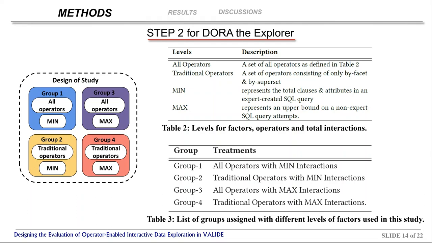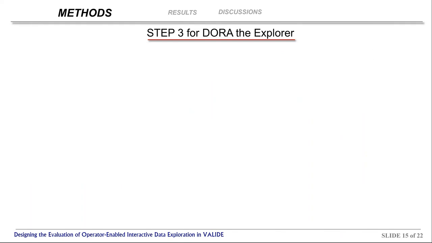Finally, each recruited participant is assigned to a group, as shown in table 3, that consists of these factor levels using a stratified sampling technique.